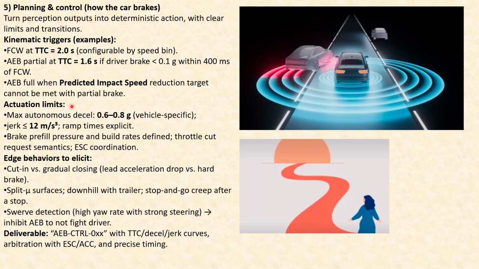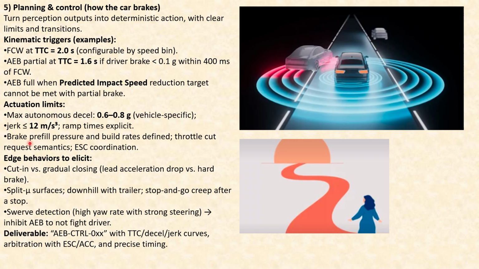Okay, so when it comes to actuation limits, max autonomous deceleration 0.6 to 0.8 G. G means 9.8 meters per second squared. All right, so this is one of the max actuation limits, and also jerk less than 12 meters per second cubed, and ramp times explicit.